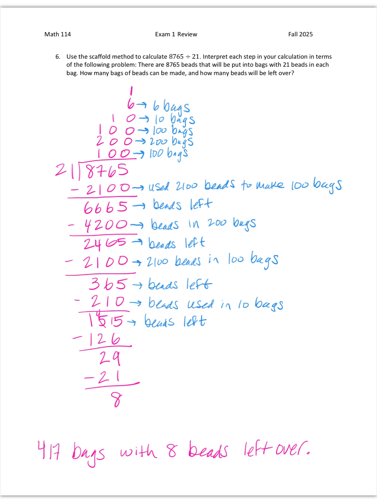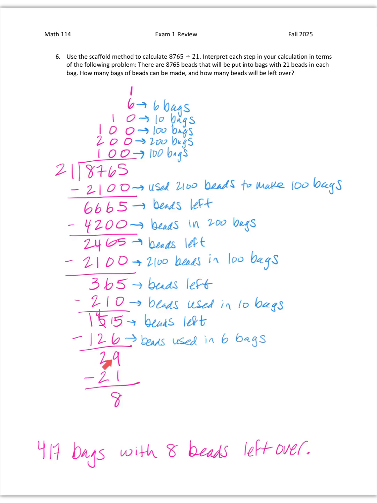And 6 times 21, that would be 126. That's how many beads I just used. Beads used in those 6 bags. Okay, and then I subtract to see how many beads I have left now. 155 minus 126 is 29.